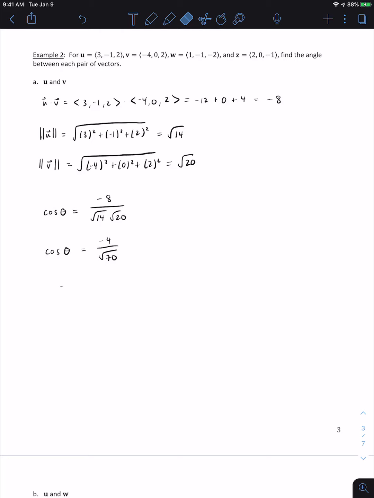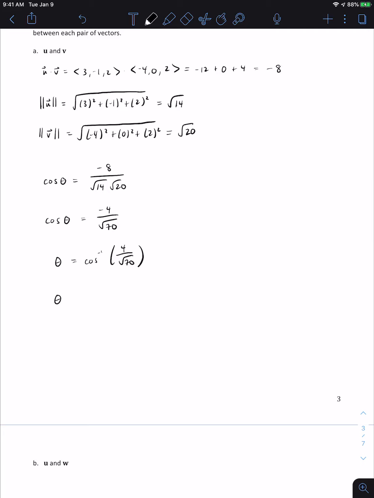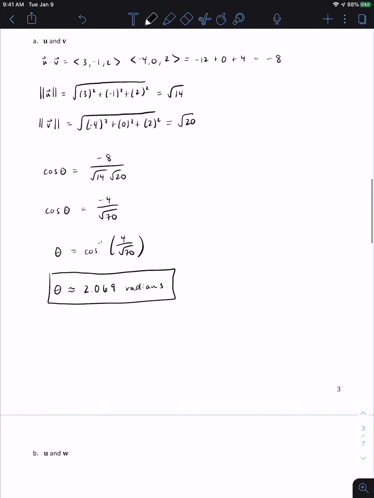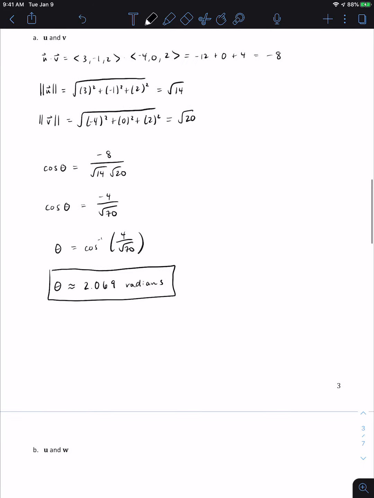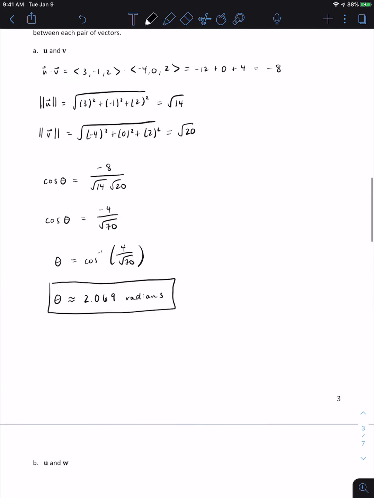So let's just say theta is equal to, if I take cosine inverse of both sides, theta is equal to cosine inverse of -4 over radical 70. And if I plug that in my calculator, I get 2.069 radians. So that is my angle. And if I notice that the dot product of U and V is -8, so cosine of this angle would also be negative.